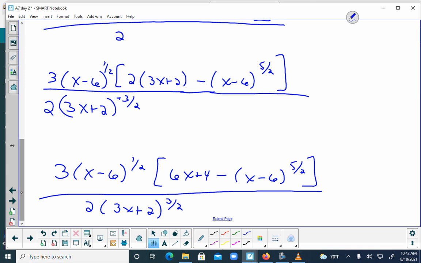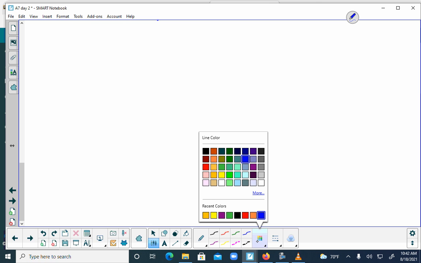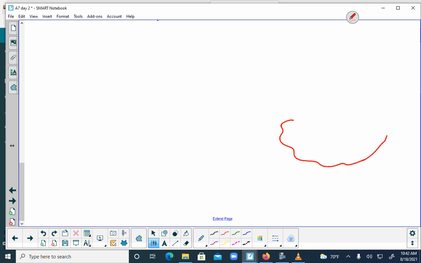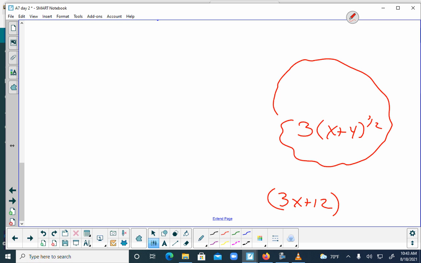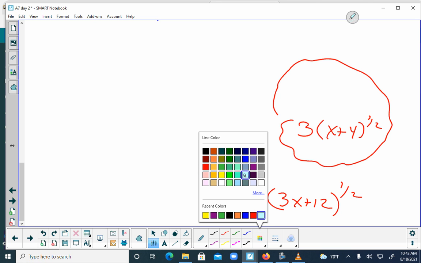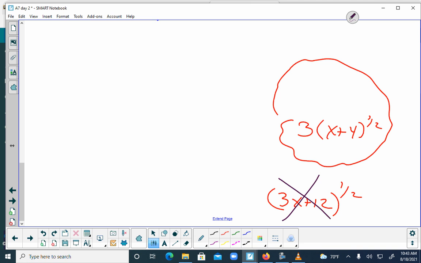Can we distribute the negative? No. If I have 3 times x plus 4 to the 1/2, can I make that 3x plus 12 to the 1/2?